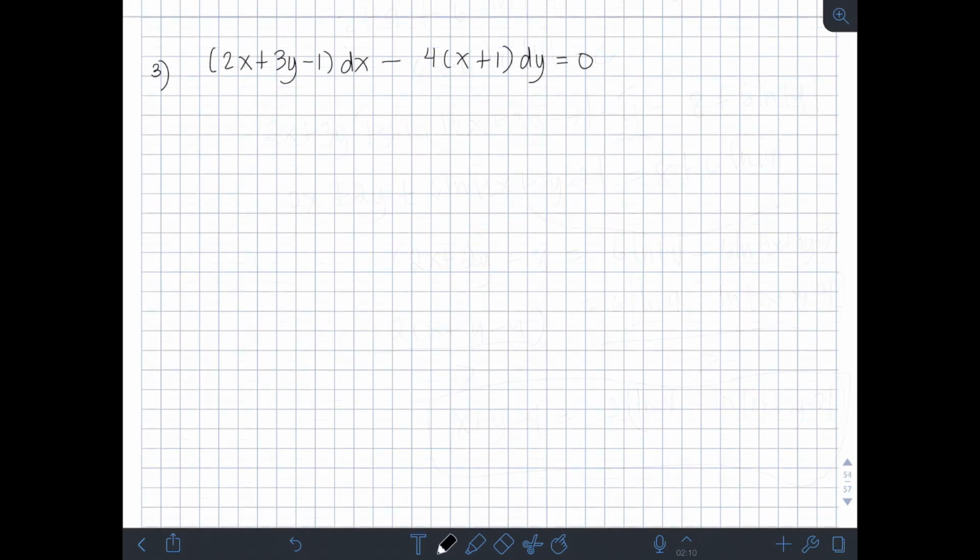Okay? Next, we have (2x + 3y - 1) dx - 4(x + 1) dy equals 0. Okay, so, etong negative, gawin muna natin standard. (2x + 3y - 1) dx plus distribute ko yung negative, tsaka itong 4, so magiging -4x - 4 dy equals 0.